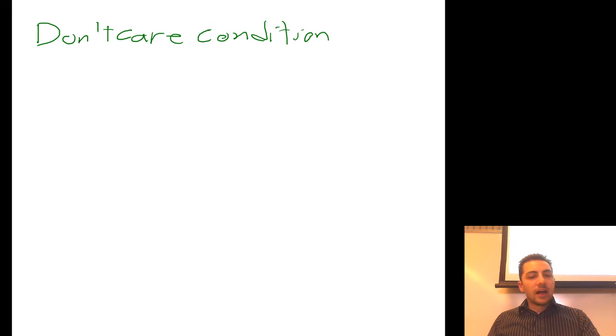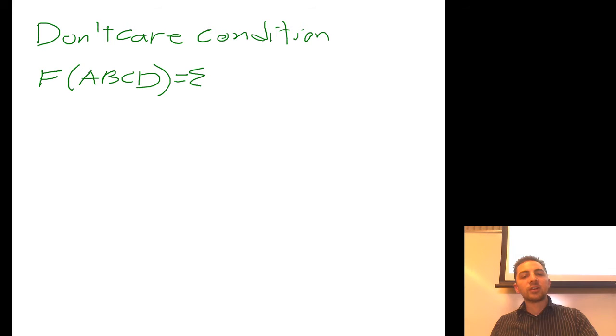So first let's do it algebraically. We would indicate that something was a don't care in our equation by doing something like this. First off, we keep our sum of min terms terminology. We can say 4, 12, 13, 14, 15.